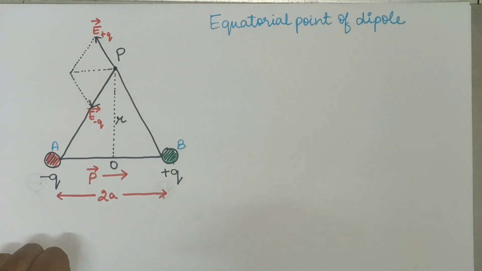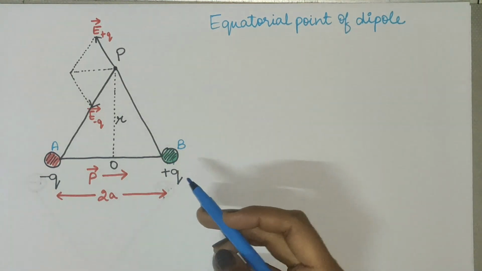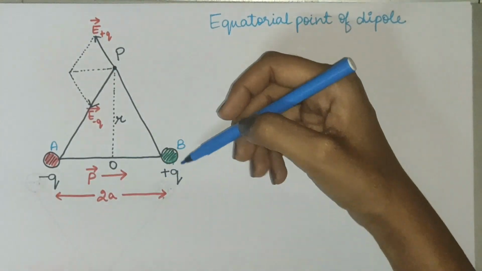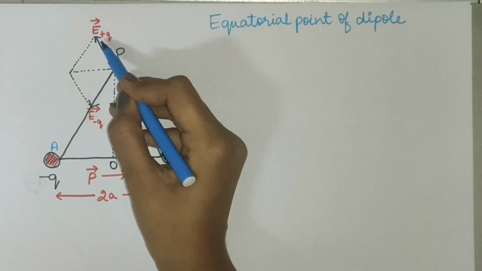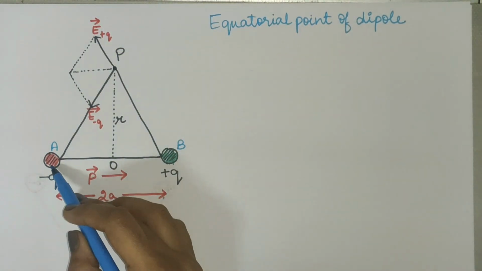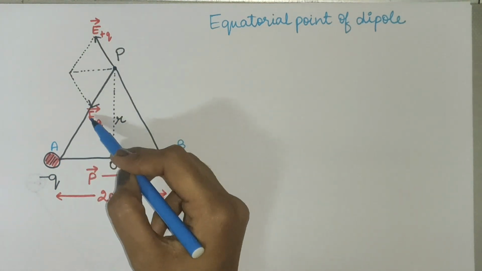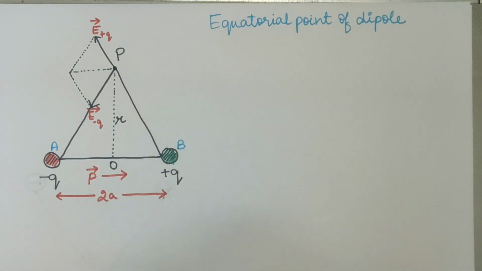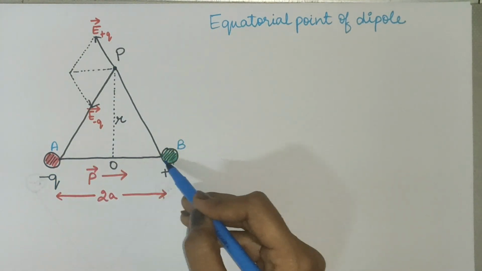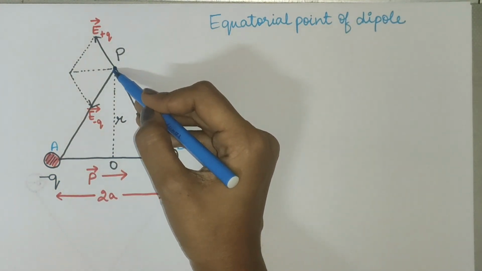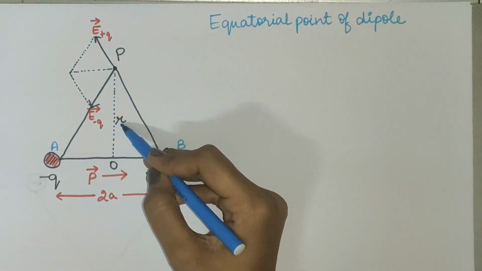Now we know that plus q charge has electric field radially outwards, so electric field due to plus q is represented by E plus q, and that due to negative charge is radially inwards and is represented by E minus q. Let the perpendicular distance between the dipole and point P where electric field is to be found be r.